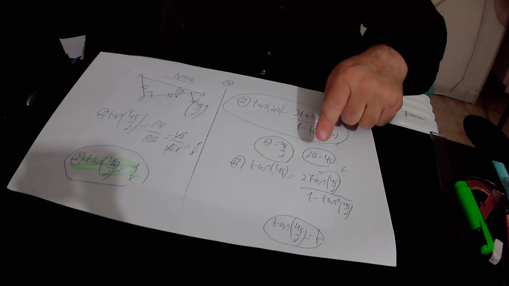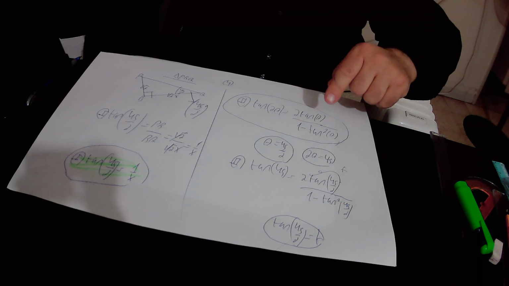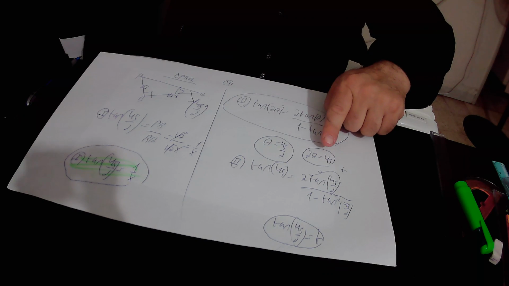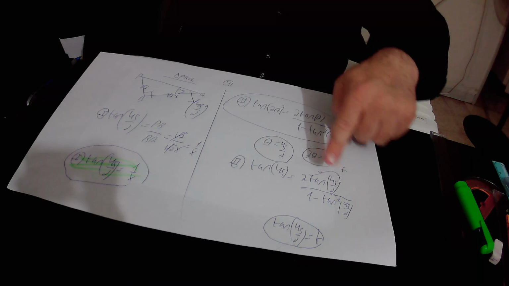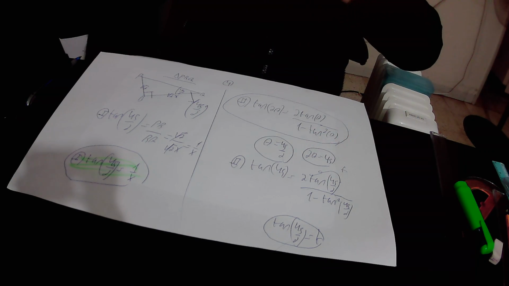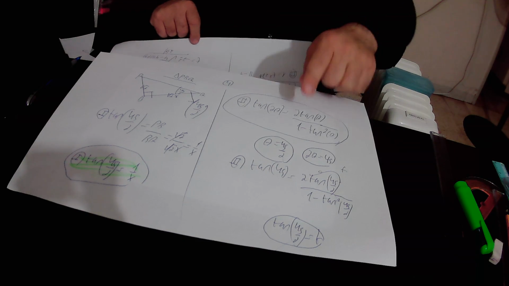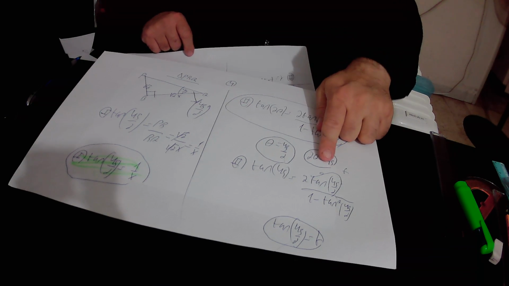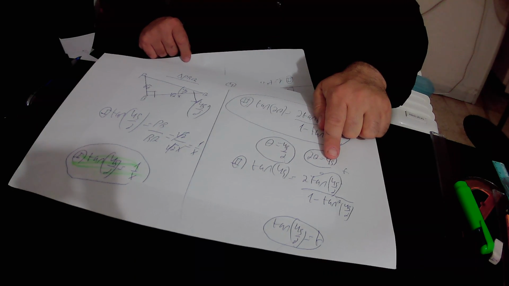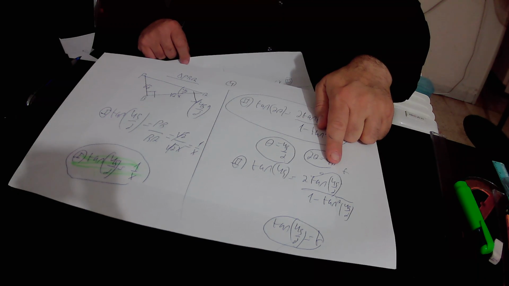Then we define tangent 45 over 2 degrees as t, and we substitute it by t in this equation number 2. And we found out that according to equation number 2, tangent 45 degrees is 1, that equals 2 times tangent 45 over 2 degrees, which is t.